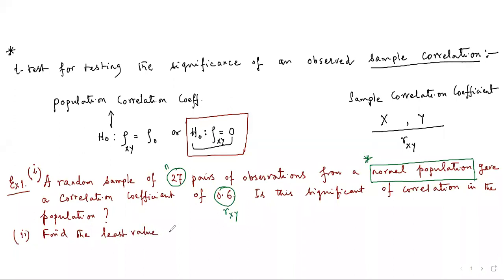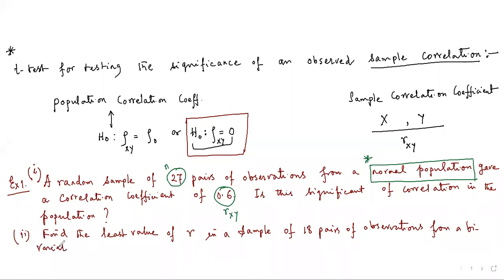Find the least value of r in a sample of 18 pairs of observations from a bivariate normal population at 5% level of significance.